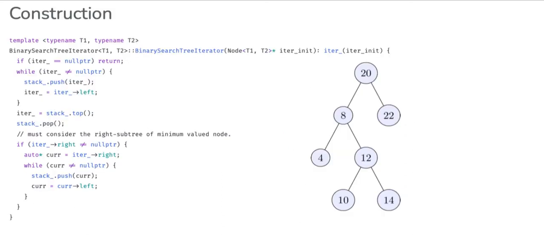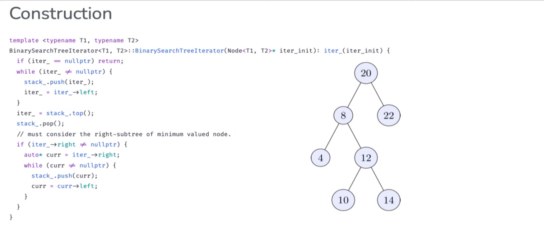If a right subtree exists to our current node that iter points to, the minimum value of that right subtree must get pushed to the top of the stack, with the nodes we traverse to get to it occupying in-order positions in the stack.